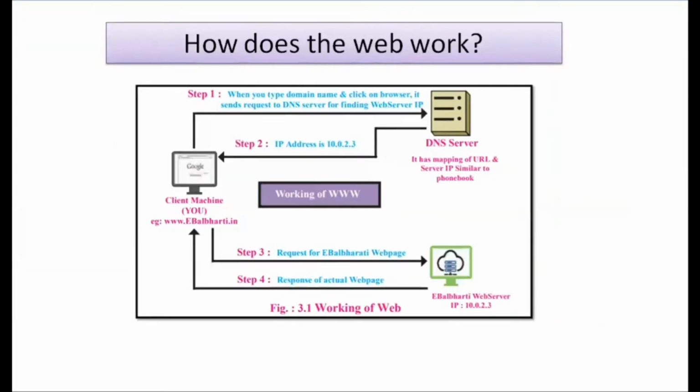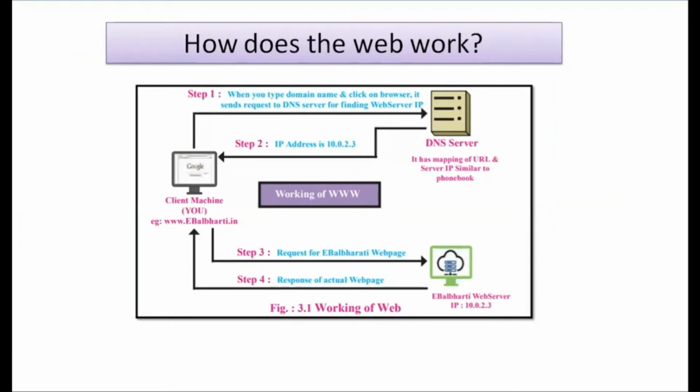Let's see how does web work. In the figure you can see client machine, you can see DNS server and you can see eBalbharti web server. When you type domain name and click web browser, it sends this request to DNS server for finding the web server IP address. Then what your DNS server will do?